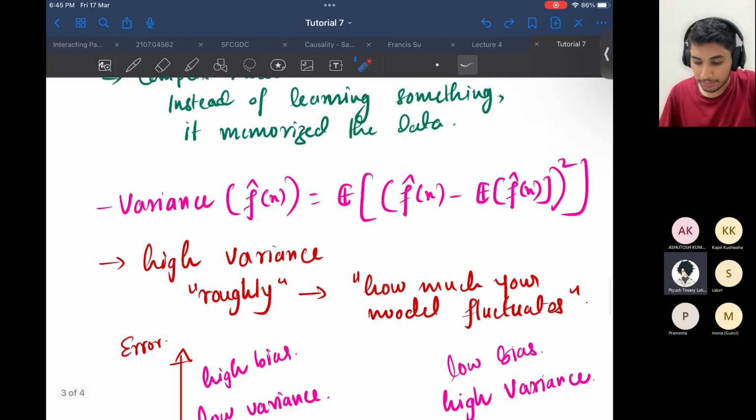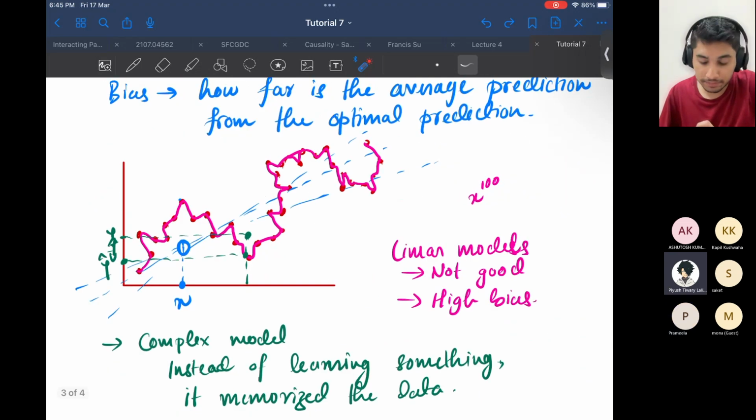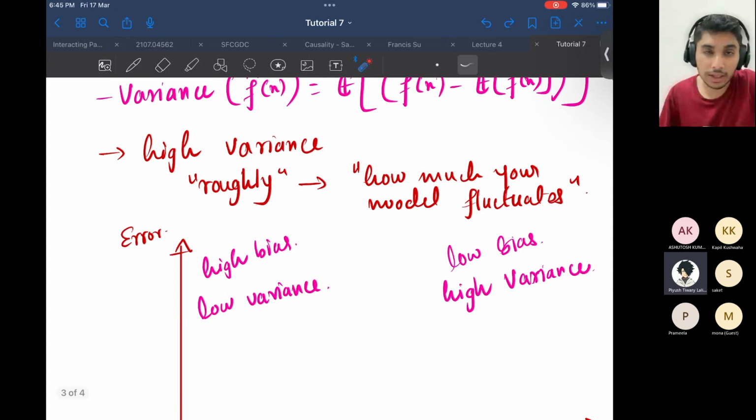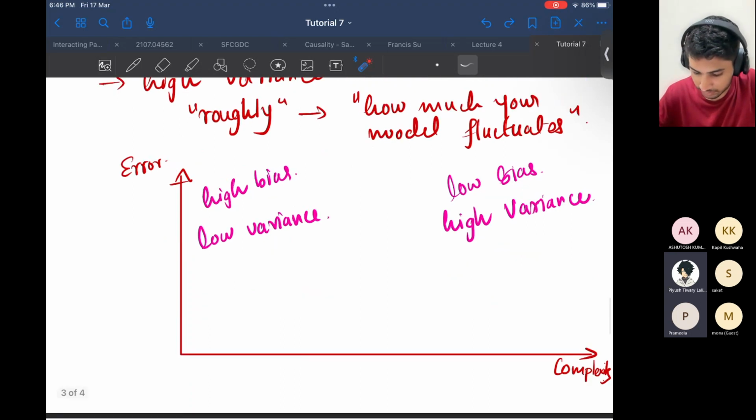So that statement is true for all cases, right, Piyush? Sorry, can you repeat your question? As they are not related to each other, we cannot generalize that low bias means high variance and high bias means low variance, right? We cannot say that.